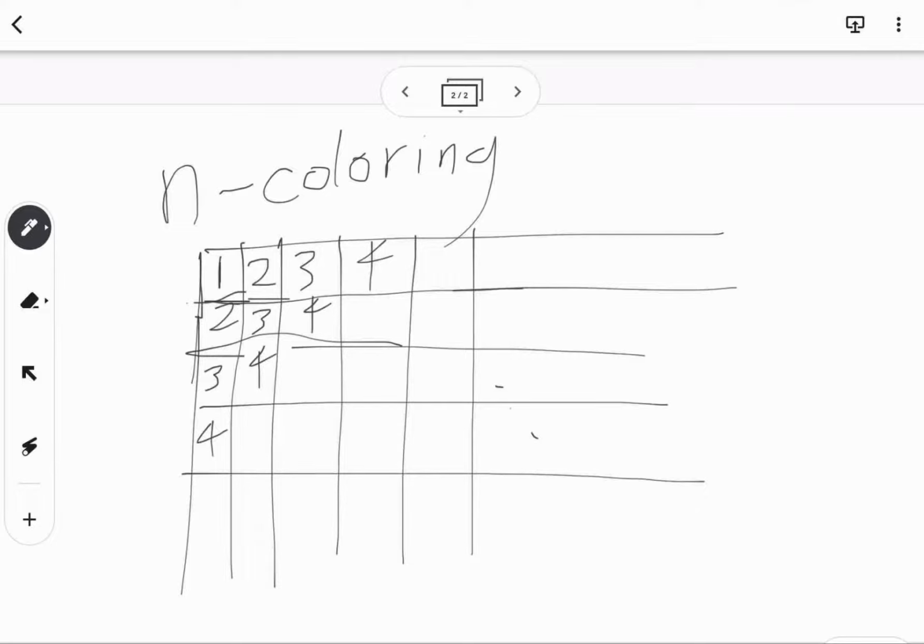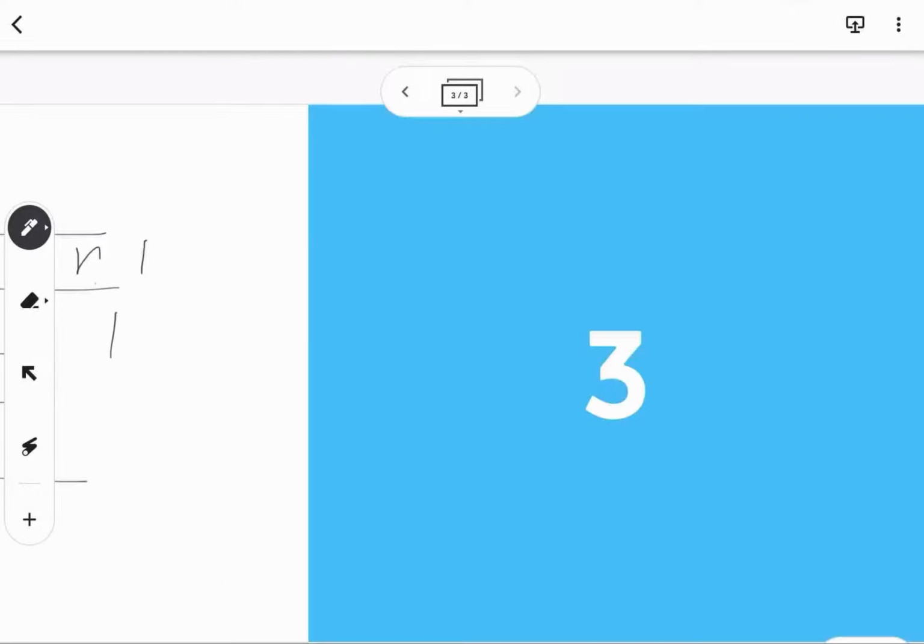You would have N's over here, and then the next diagonal would be 1's, right? An example we did last week was the 3 coloring, which is if you only have 3 colors instead of N. That was useful for showing that each 3 by 1 or each L shape has exactly one thing of each color. Let's go. I'll introduce a different type of coloring in this next problem.